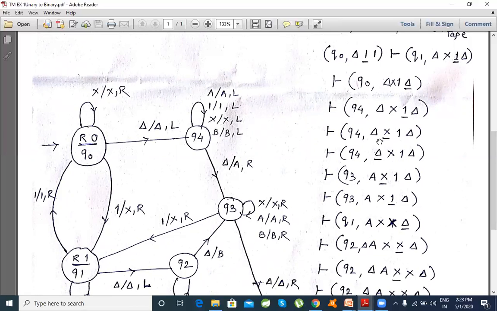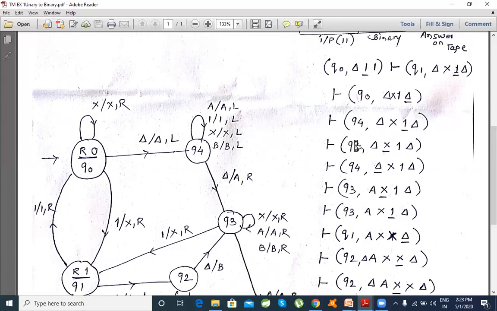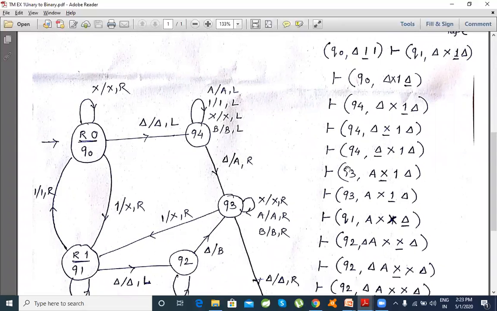So this is what it is doing from Q4. So this 1 is written as it is, we move towards the left, we keep Q4 as it is. Being in Q4, X will be retained as it is.